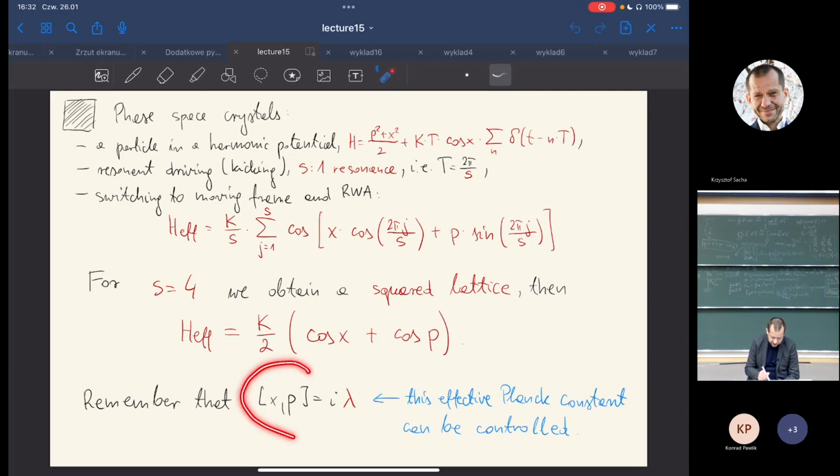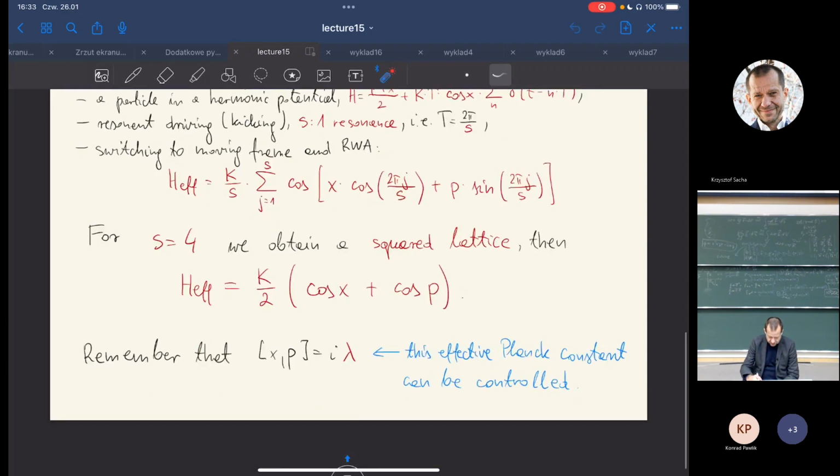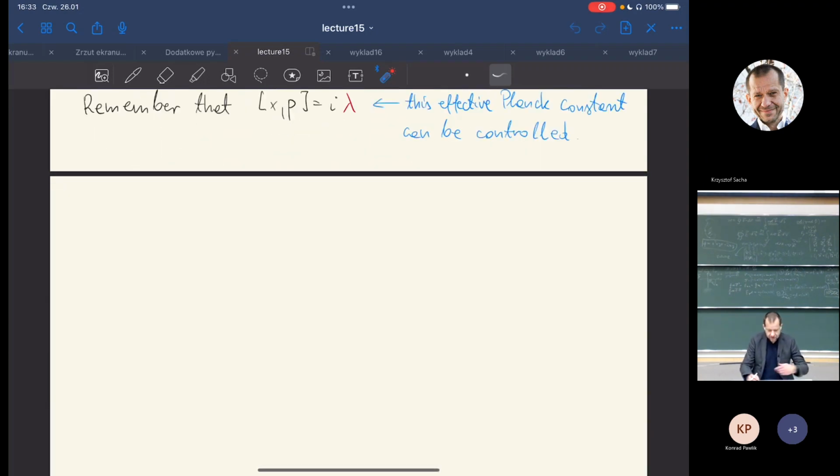The commutation relation for these quantities is equal to i times the effective Planck constant. And this effective Planck constant depends on the units we are working in. And I told you last time, which will be very important, that this effective Planck constant can be controlled in the experiment. So that is what we had last time.